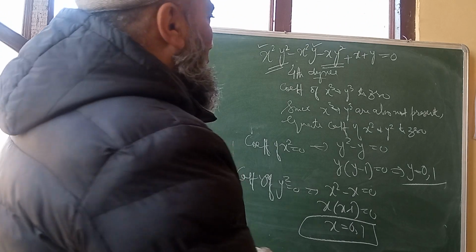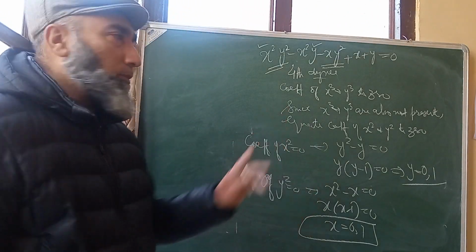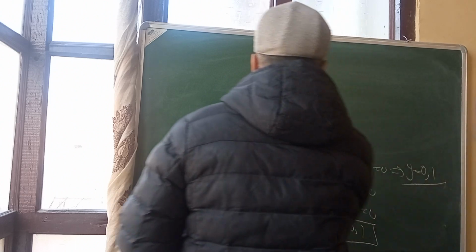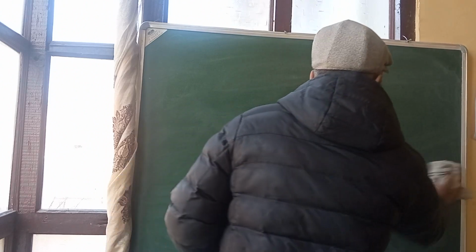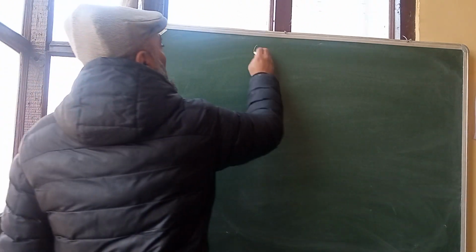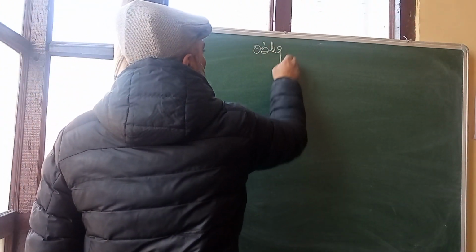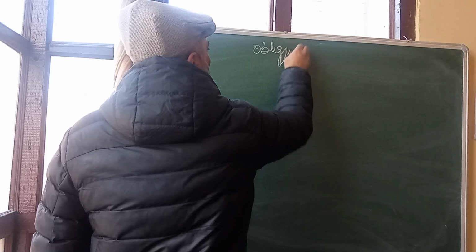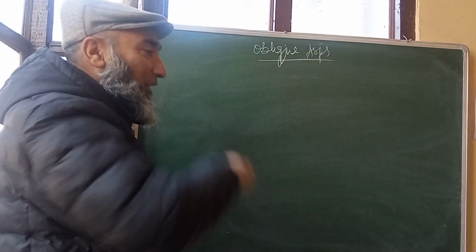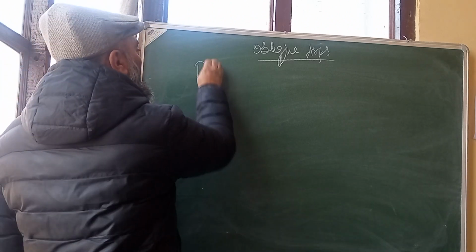Let me take one more question, or let us go to oblique asymptotes. Now, how to find oblique asymptotes? I will let you know the rule, and we will be doing a few exercises. See, what is the rule?